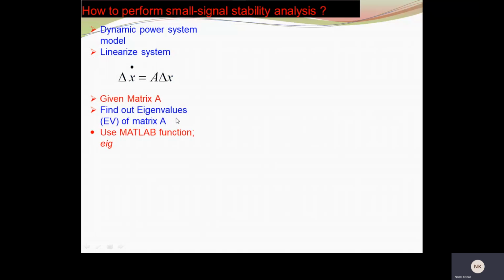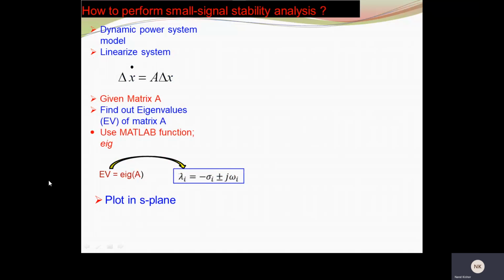Then we can use the MATLAB function EIG to compute the eigenvalues. As we can see here, the eigenvalue is presented as a complex quantity, and thus it has a real component and an imaginary component here. So with this, it is possible to plot these eigenvalues in the S-plane, right? We have the real component along the x-axis and the imaginary component along the y-axis on the S-plane.